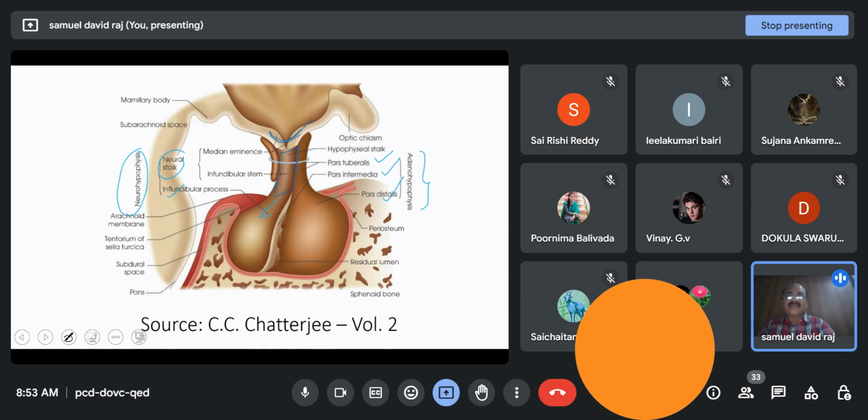So median eminence, infundibular stem, and infundibular process together constitute the neurohypophysis. So this entire part constitutes the neurohypophysis. This is the pars intermedia. This is pars distalis. This is pars tuberalis, and between these two there is the interglandular cleft.